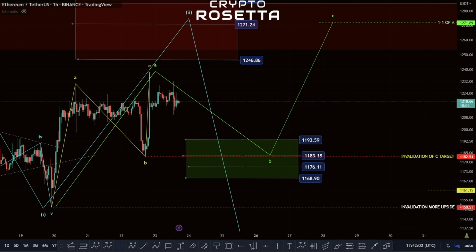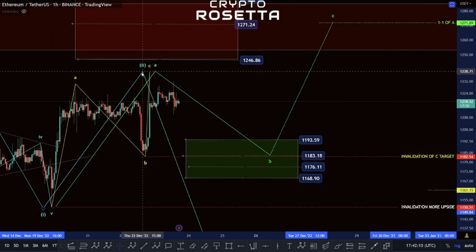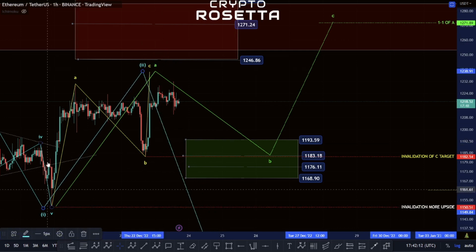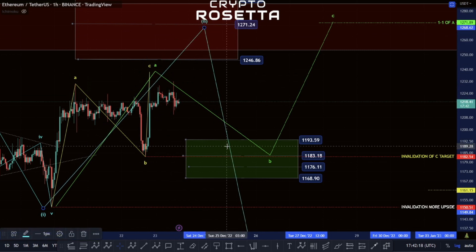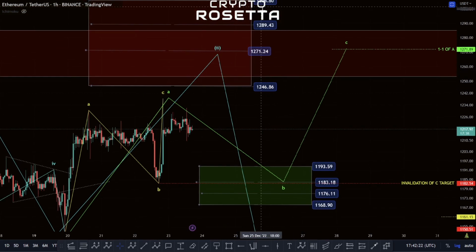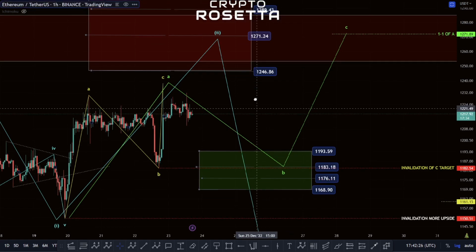Crossing below this 1150 zone would effectively invalidate these potential moves to the upside, and if we did have to break down from there, we would have to just accept that our wave 2 has completed here, and that we're beginning our wave 3 to the downside. Though I do think there's potential for this to go a bit higher, and like we said, the typical zone that we'd look to challenge is this 1246 to this 1306 area.